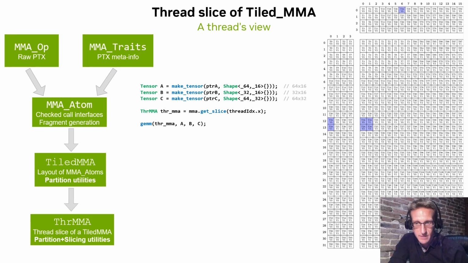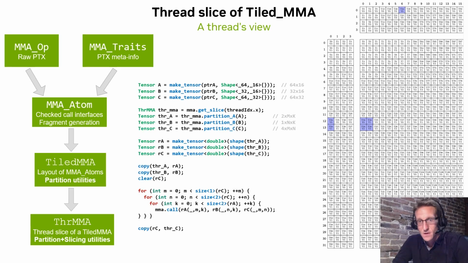It seems like there's black magic going on here, so let's peek into that gemm function real quick. Inside that gemm function, the thread slice of the MMA is used to partition each tile's data. The thread A, thread B, and thread C tensors are subtensor views of the A, B, and C data. These have the correct shape and order of elements for processing by the MMA.